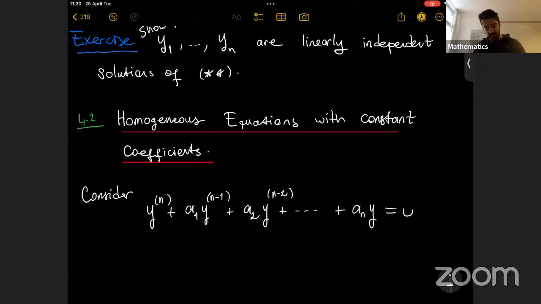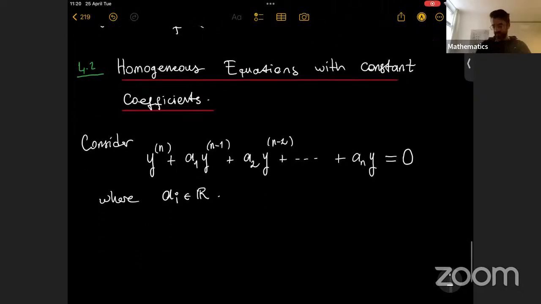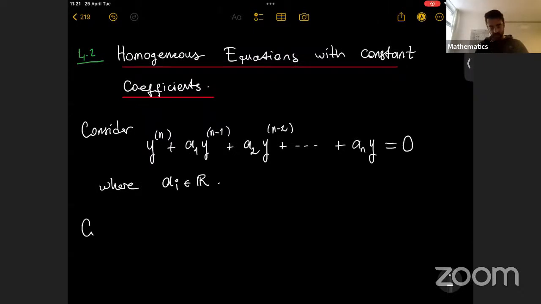That means on the right hand side we have 0, where each coefficient is a real number, okay?